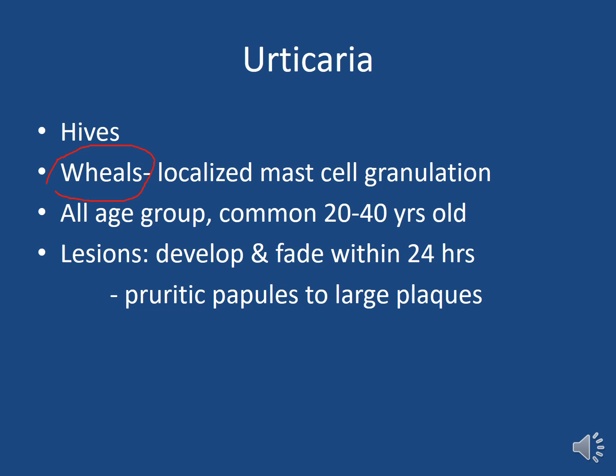So these lesions usually develop secondary to the chemicals released by the mast cells. The commonly affected age group is 20 to 40. The lesions in urticaria will develop and fade within 24 hours.